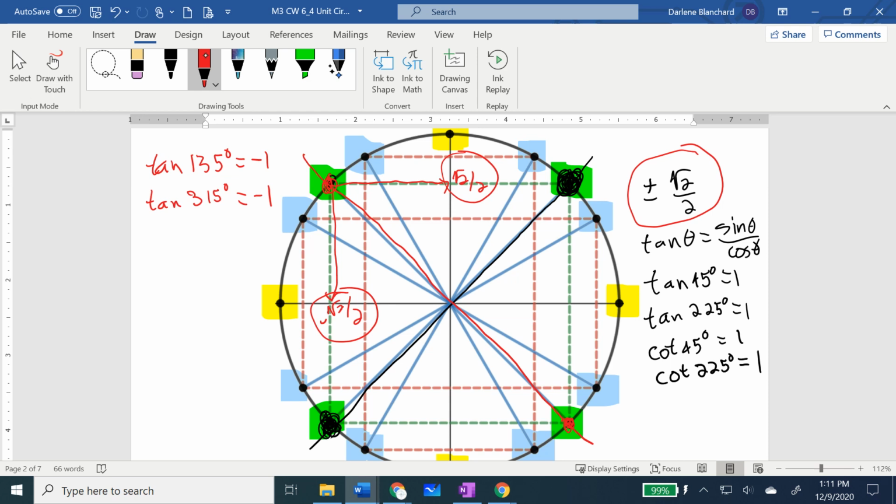And what is the reciprocal of negative 1? They're all negative 1. So soak that in a bit.